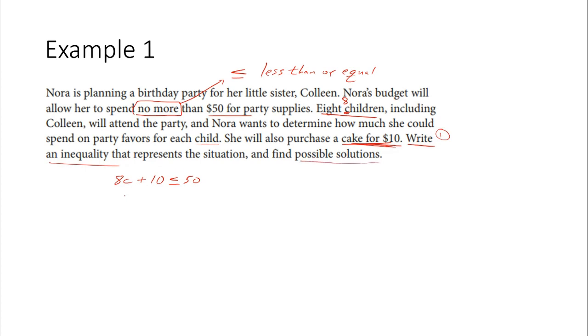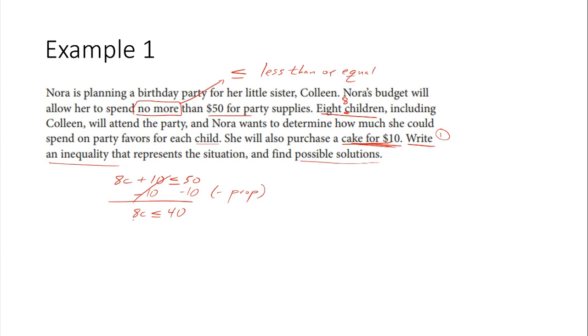So let's figure out how much she could spend per kid. Well, first things first, let's isolate the variable. So let's get rid of that plus 10, right? Subtraction property of equality cancels out. We got 8 children still less than or equal to 50 minus 10, which is 40.